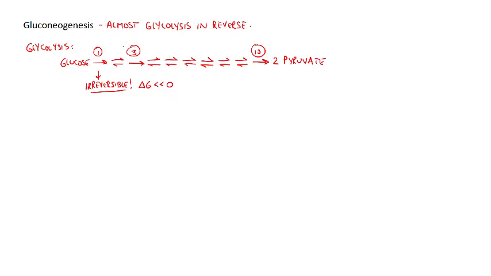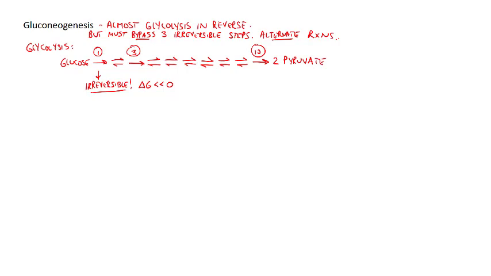Gluconeogenesis must undergo some sort of alternate reaction to bypass the 3 irreversible steps. All right, so how does it do that? Well, there are alternate reactions. And you've probably guessed that ATP is going to be involved, and you would guess correctly.